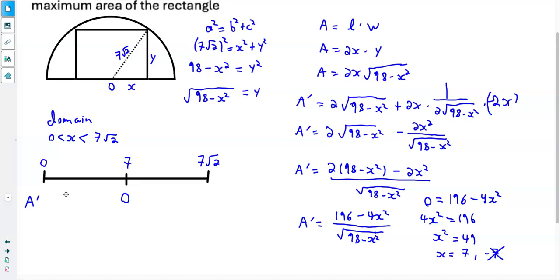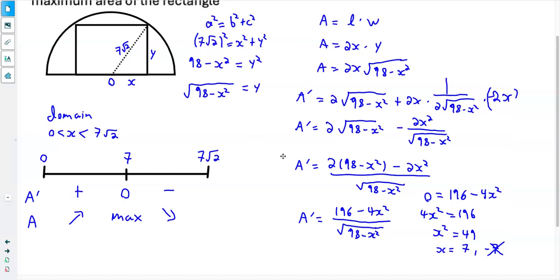If I substitute a value like 1 into our equation, that's going to give us a positive up here. So we know it's positive here. Or if I substitute anything larger than 7, it's going to give us a negative in our numerator. So we know that our graph of A is going up here, down here. So that means that this must be a maximum point. So we know that our maximum area occurs when x equals 7.